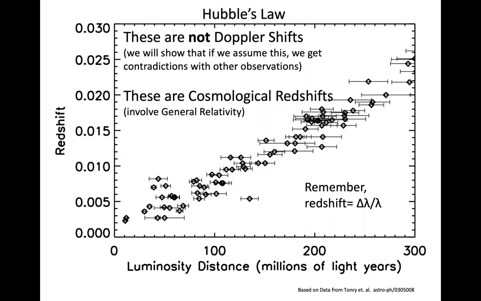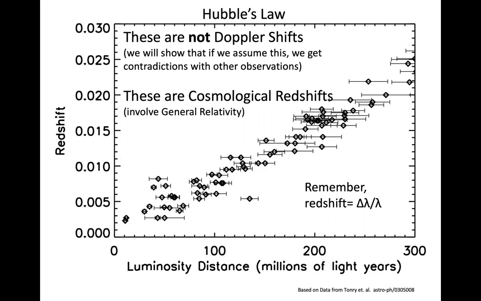At first, these might not appear to be in any way related, but in fact they are. This is called Hubble's law, named after the first astronomer who documented it well. And what I want to first talk about is how we understand this diagram and what it means.